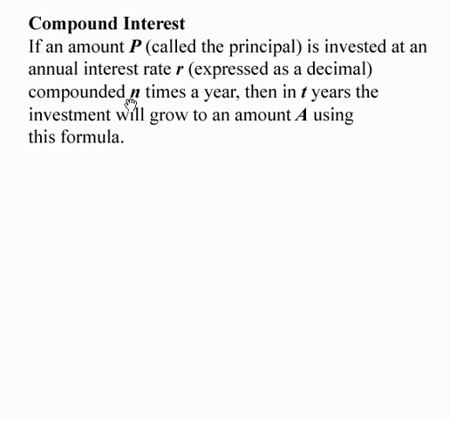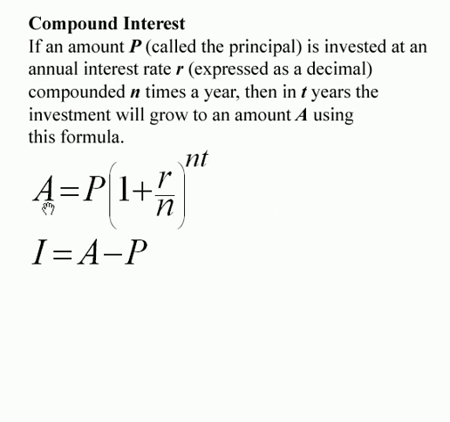Here's our formula. The final amount of money equals the principal, the initial amount. So pretty much this is just like growth and decay. It's a growth problem. We're hopefully making money when we invest it. So P is my initial amount, A is my final amount. Just used in banking terms, P is the principal, A is my final amount of money.